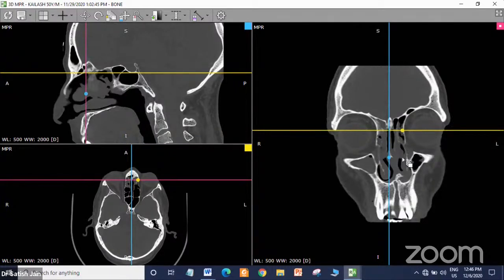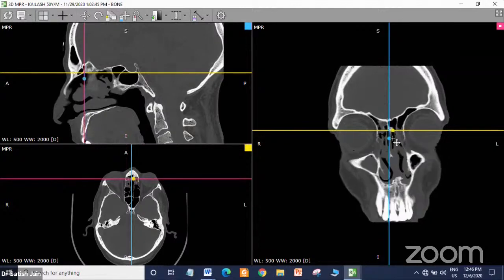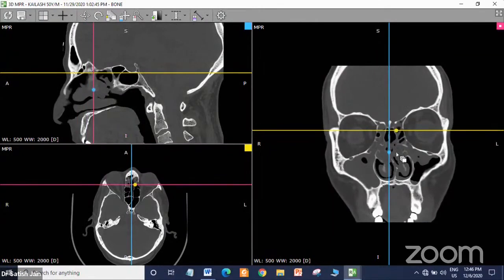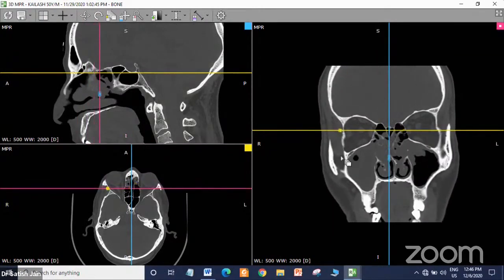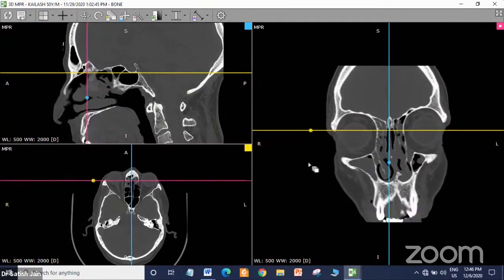You are millimeters away from the skull base and orbit. You have to have complete 3D information of the surroundings. In some millimetric information, what you get dynamically is important to prevent complications. That's why we need dynamic.